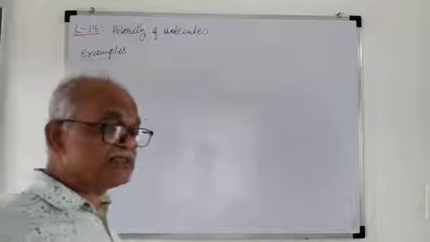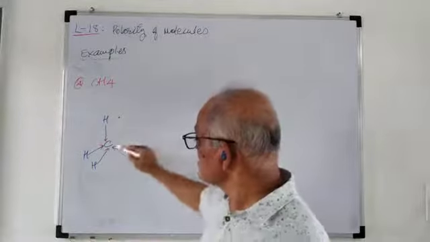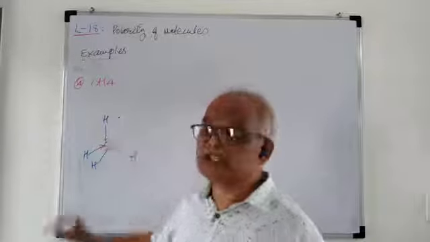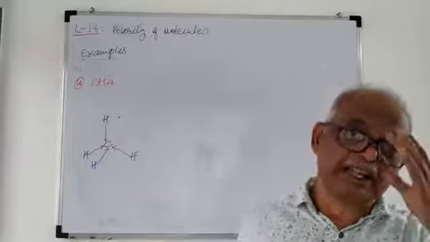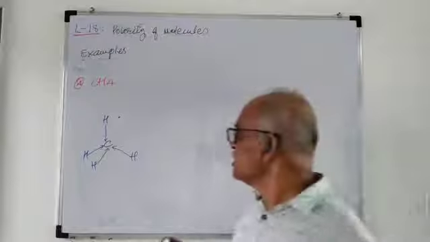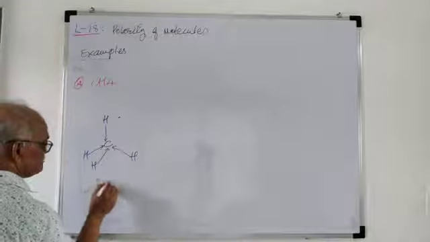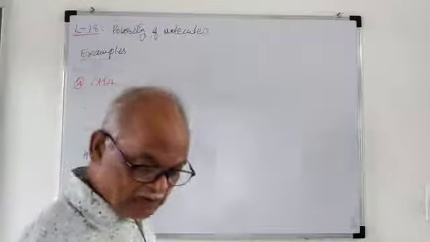So this electron density is moving in the same direction, towards the carbon. As a result of this, the electron density is distributed equally. Such a molecule has zero dipole. Dipole is 0.